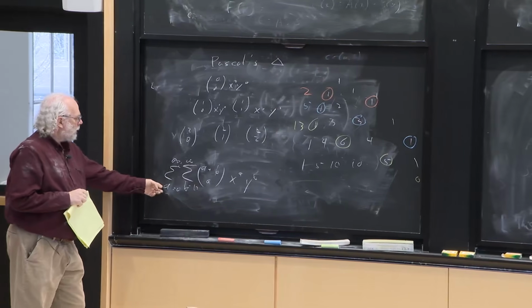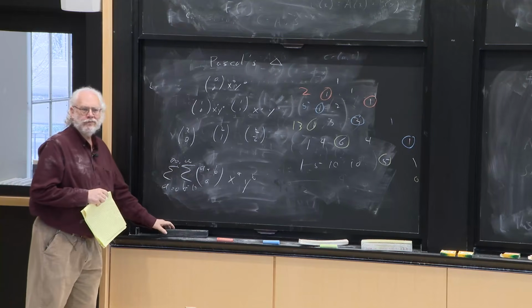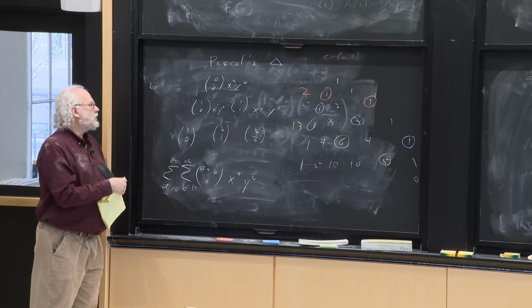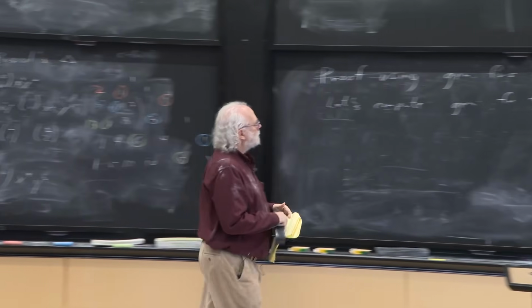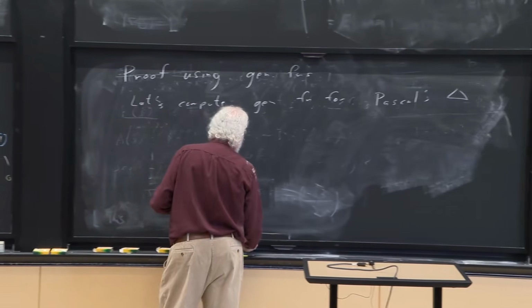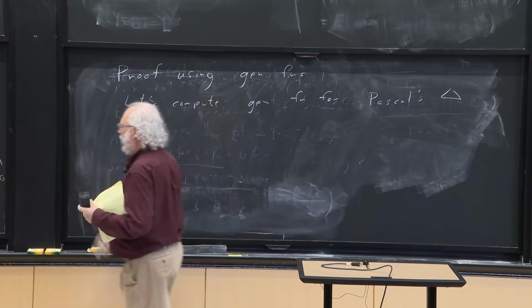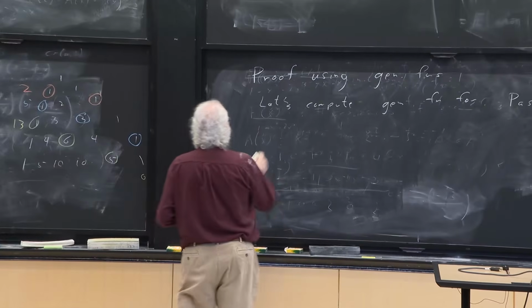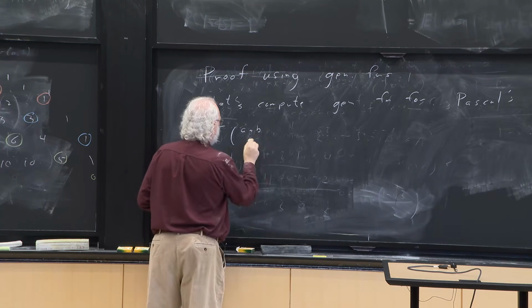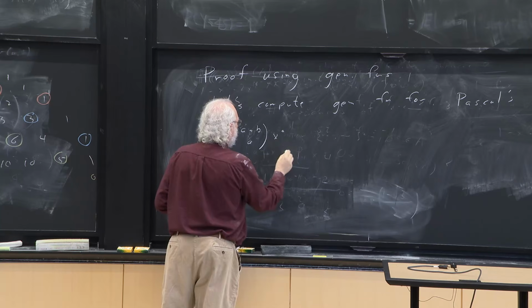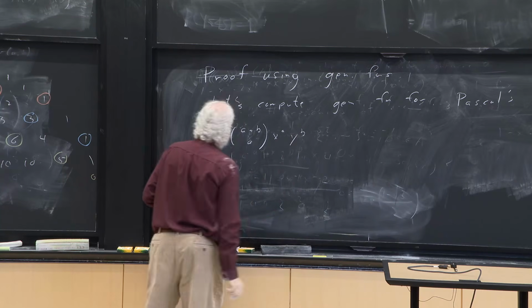So this is the generating function for Pascal's triangle. 2-dimensional generating functions, so you get 2 different variables. So what is it? A plus b, choose a, x to the a, y to the b.